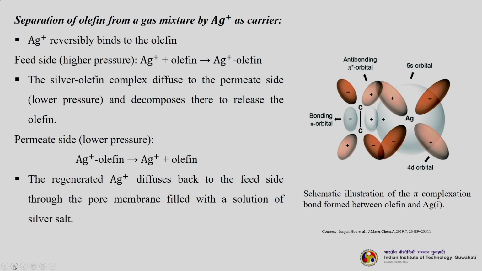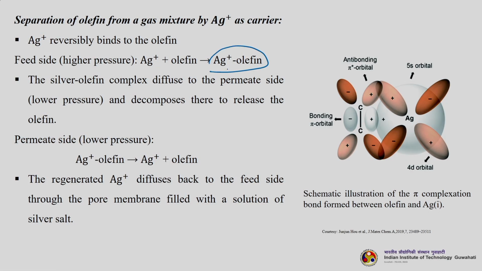Another example, a chemical industry example, is the separation of olefin from a gas mixture using silver as carrier. Silver reversibly binds to olefin. So, you can see the reaction: silver plus olefin gives a silver olefin complex. Now, the silver olefin complex diffuses to the permeate side, which is at lower pressure, and decomposes there to release the olefin.